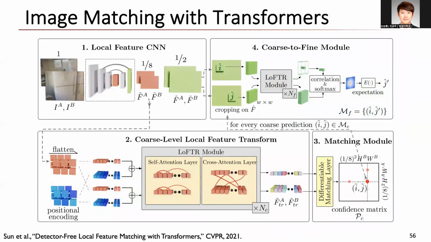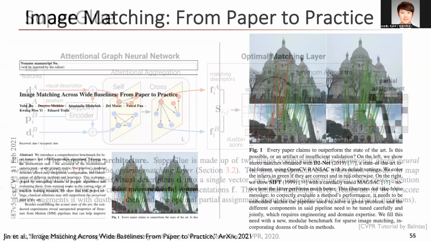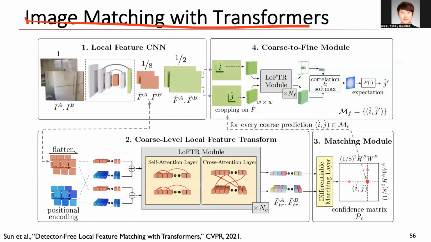Of course, very recently, after 2021, there was the image matching with transformer. Transformer changed everything, right? Image matching with transformer. So main ideas like that. I will briefly mention this one.